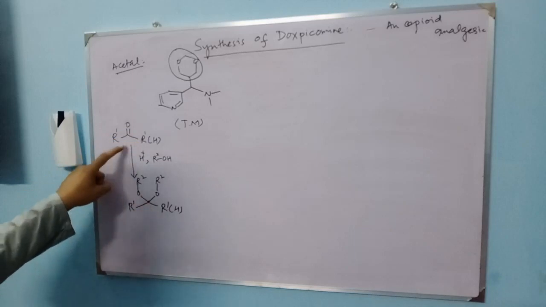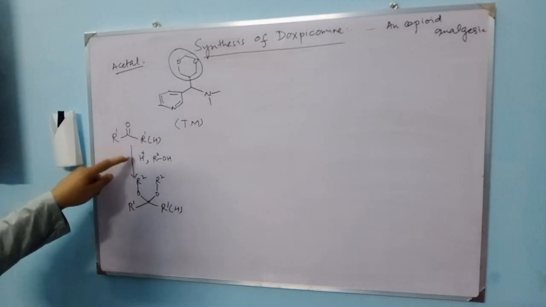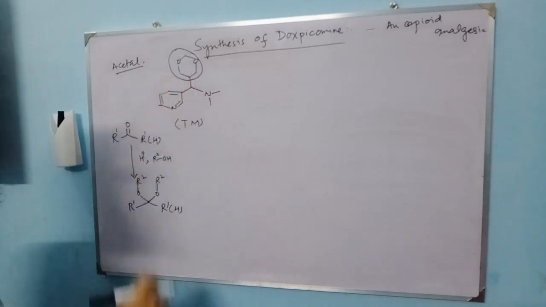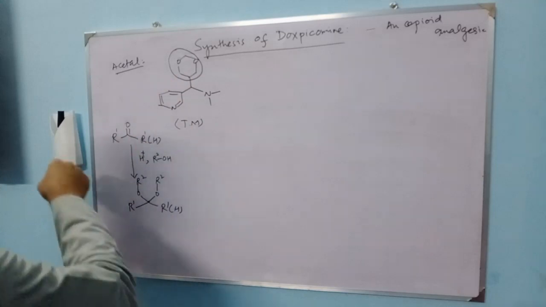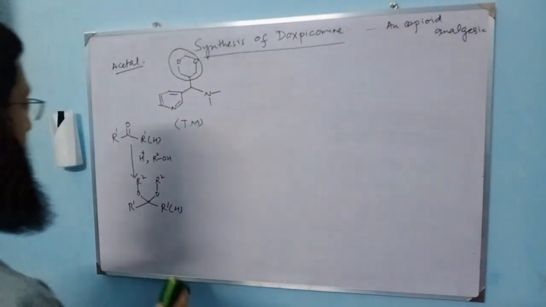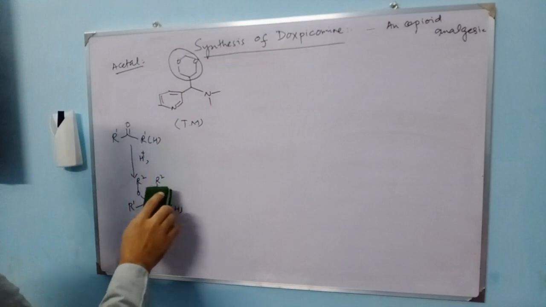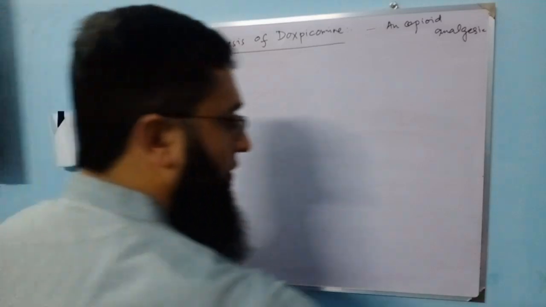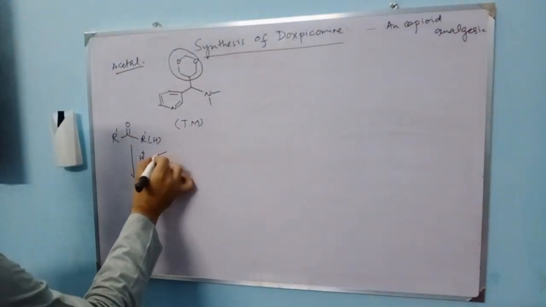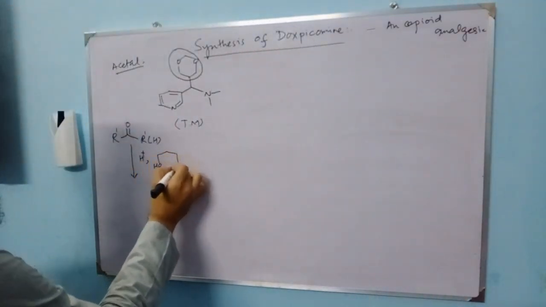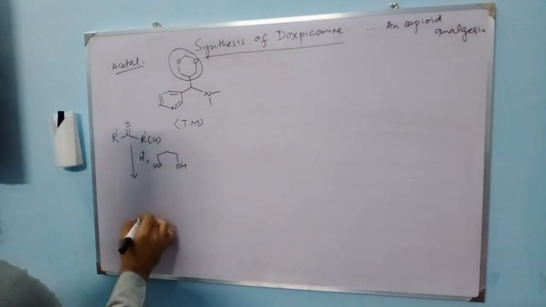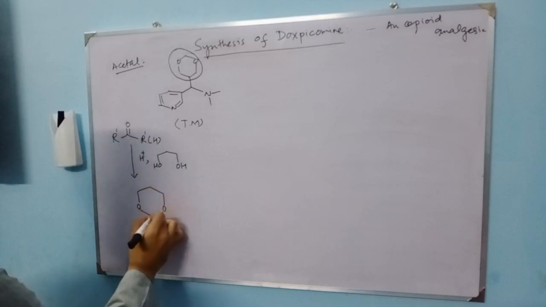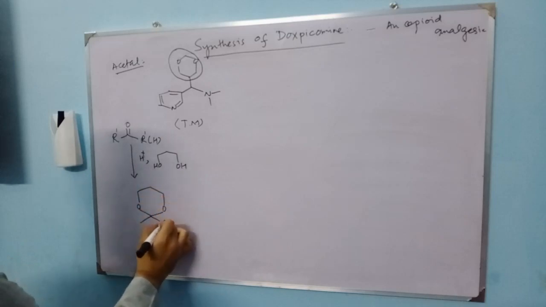So an acetal or ketal can be formed in the presence of acid and the corresponding alcohol, and here we have a cyclic acetal. For a cyclic acetal we can use a diol, for example propane diol here, then we get this.